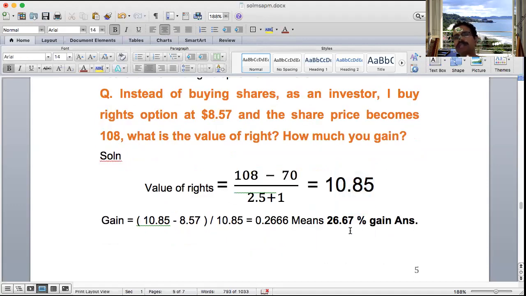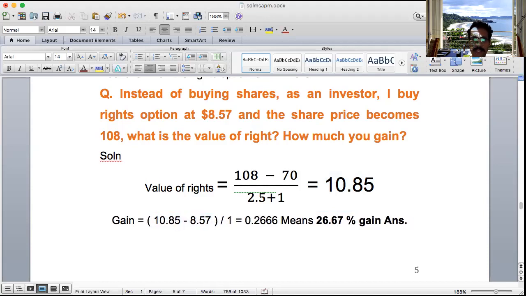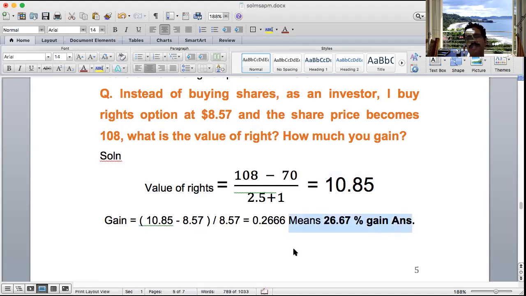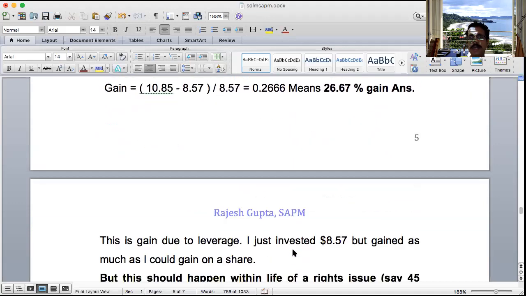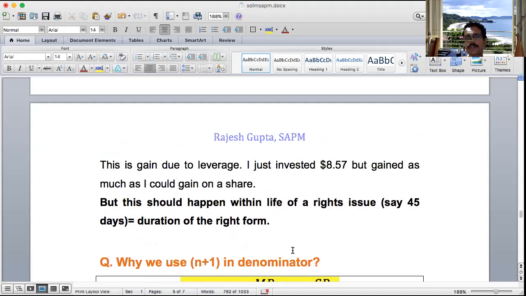So if I sell this right in the market, I am expecting to get 10.5, which is a gain of say 10.85 minus 8.57. Over, I think we should divide this not by 10.85 but by 8.57, right? And then you get 26.67% return on your investment. So this is a gain to a trader who bought rights and later on, when the share price went up, sold the rights.